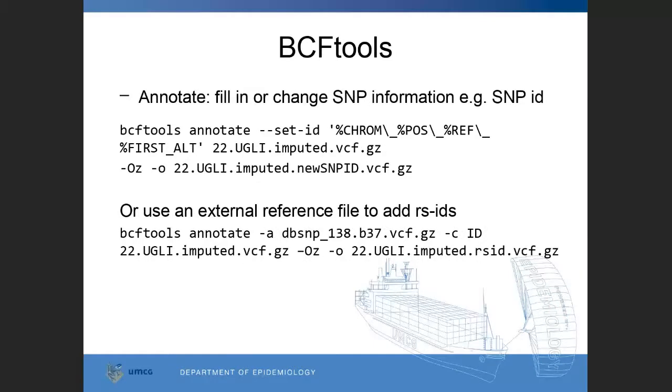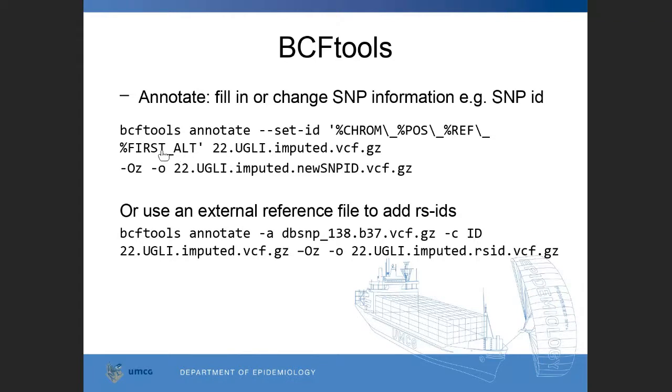Then the nice thing is to annotate, because as you saw before in the ID position, there is often just a dot. So that's not very convenient. So you can annotate, you can fill in the SNP ID. For instance, if you put in annotate and then --set-ID, and fill in the chromosome underscore position underscore reference allele underscore alternative allele, or first alternative.